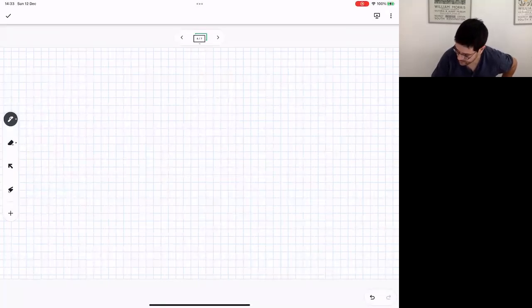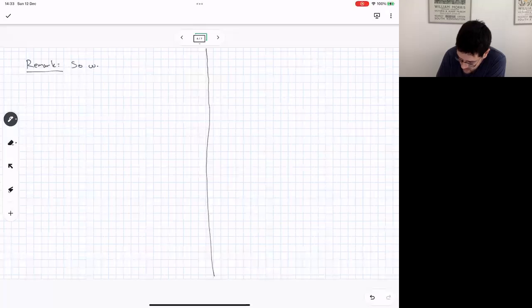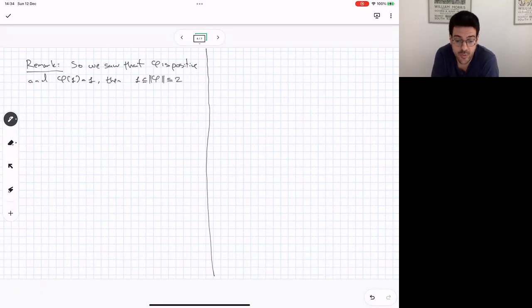Remark: we saw that if phi is positive and phi of 1 is 1, then what can happen? The norm of phi will be between 1 and 2. Right? I mean, these are the options.